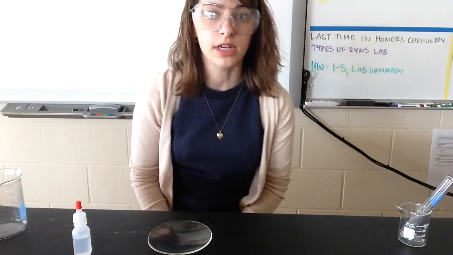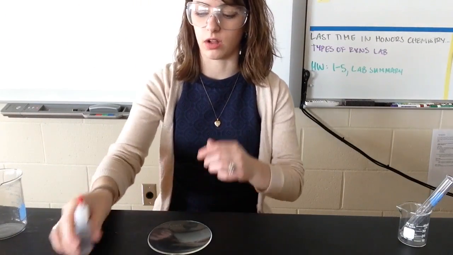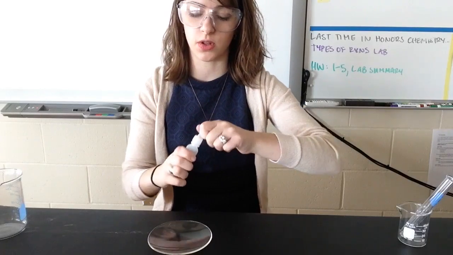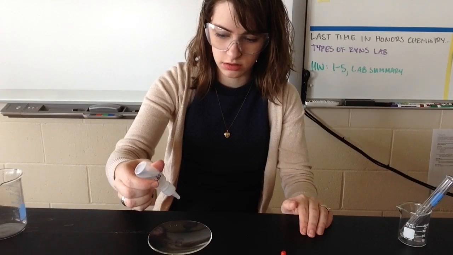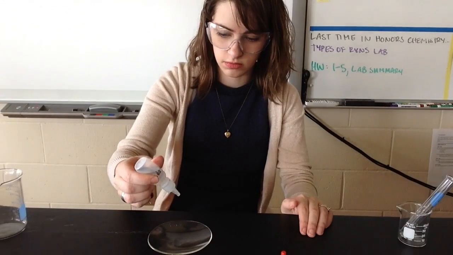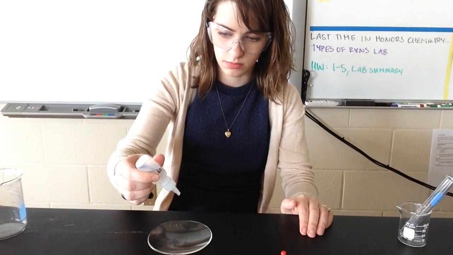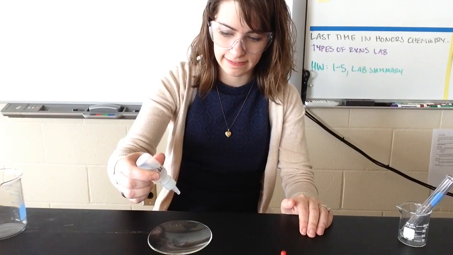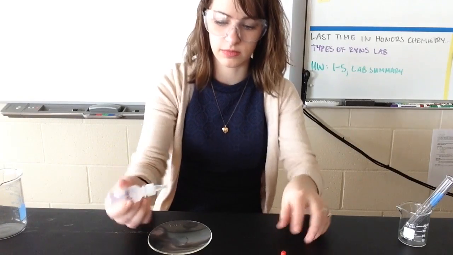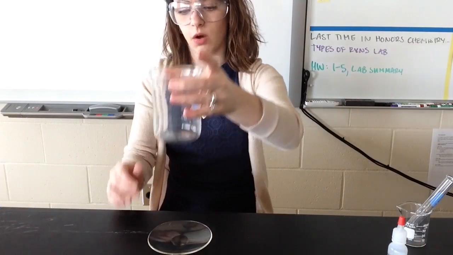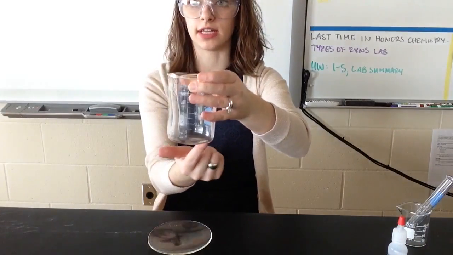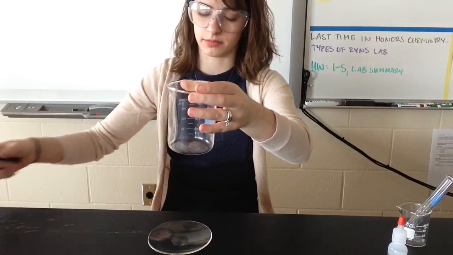In part 5, I'm going to look at the combustion of isopropyl alcohol. So I'm going to put 10 drops of isopropyl alcohol on my watch glass. And then I'm going to light it, and while it's burning, I'm going to hold a beaker up here so I can see if I can see water condense on the bottom of the beaker.